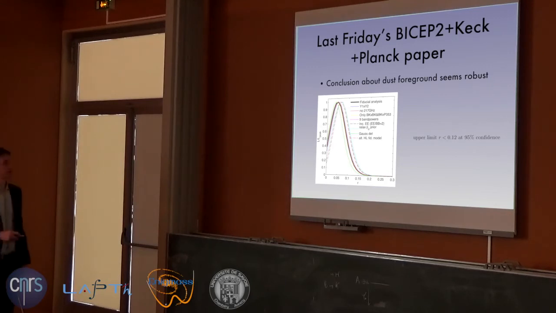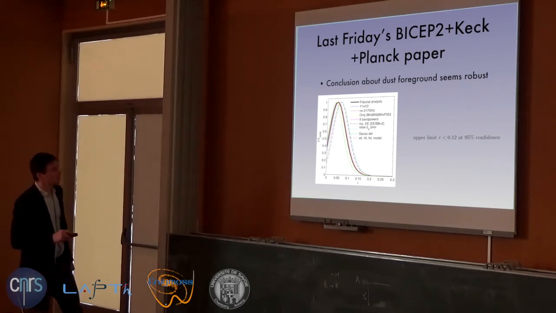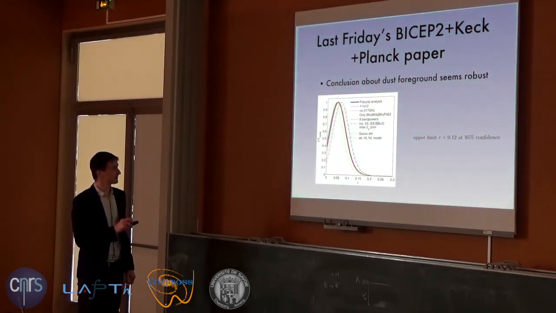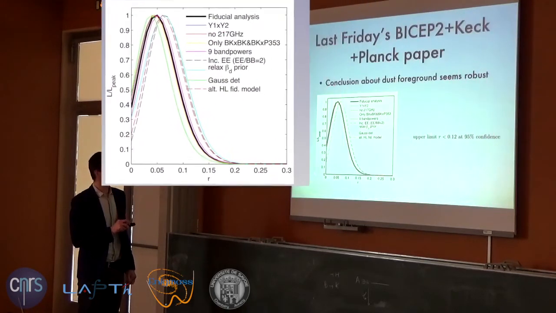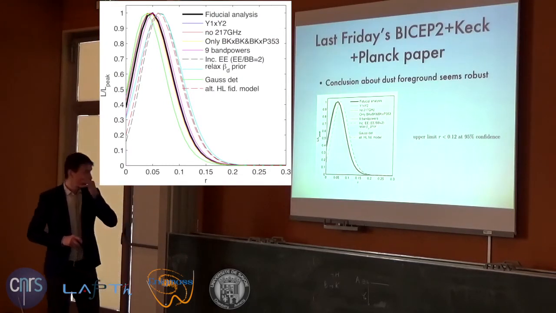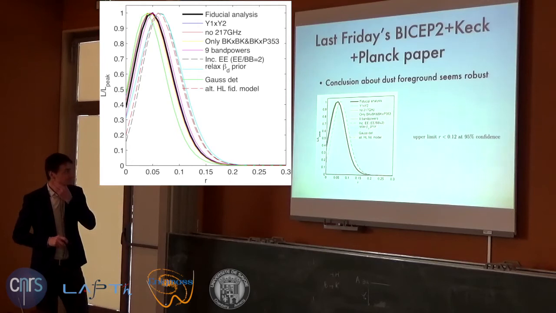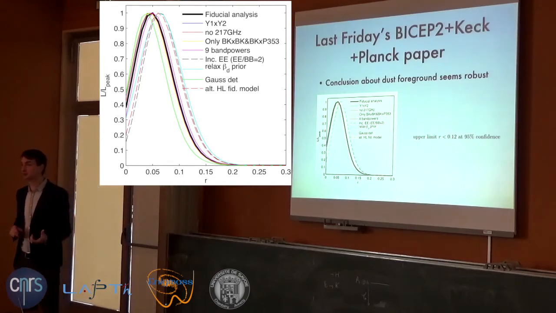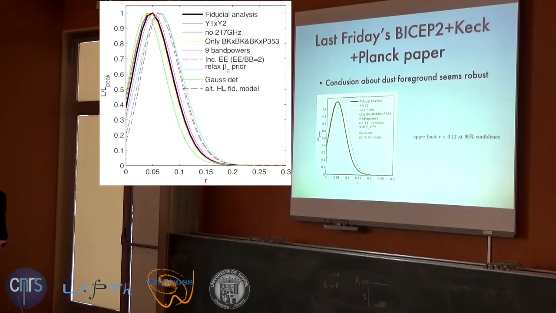And what they put in a paper of these days is the following probability distribution of the scalar to tensor ratio. So let me remind you, the scalar to tensor ratio simply tells you what the amplitude in tensor perturbations is relative to the amplitude in scalar perturbations.